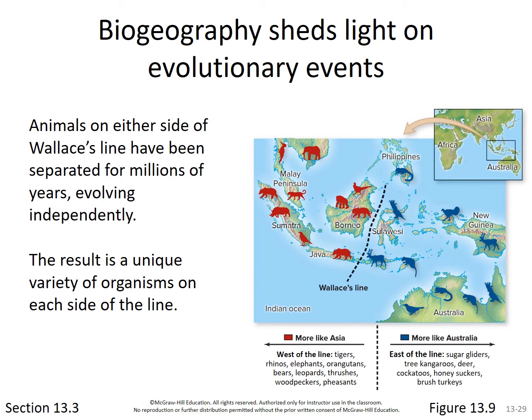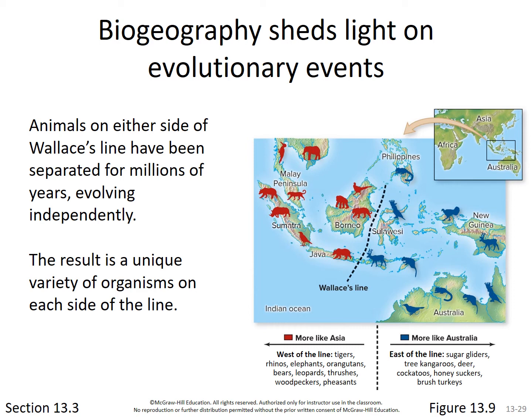Now, there's a line in Indonesia called Wallace's Line, and this is kind of a demonstration that animals on either side of this line have been separated for millions of years and therefore evolving independently. So if you look at Java, Borneo, and Sulawesi and the Philippines, you see clearly that some of the Indonesian archipelago shares fossils and animals that have more in common with Australia.